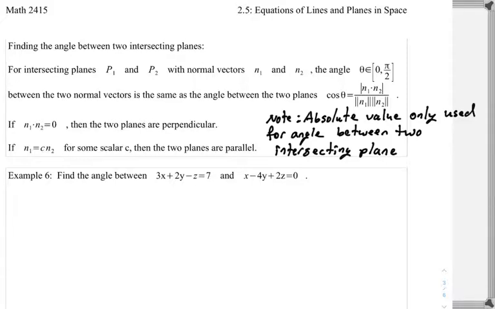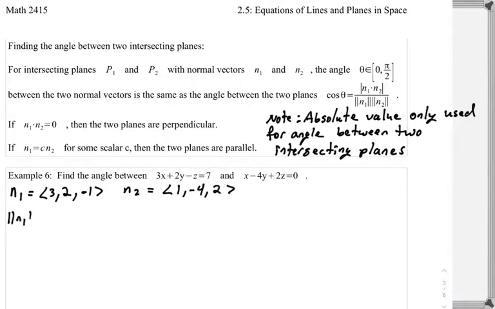All right, so let's go ahead and do an example here. We're going to find the angle between these two planes: 3x plus 2y minus z is 7, and x minus 4y plus 2z is equal to 0. So the first normal vector is going to be 3, 2, and -1. And the second normal vector will be 1, -4, and 2.